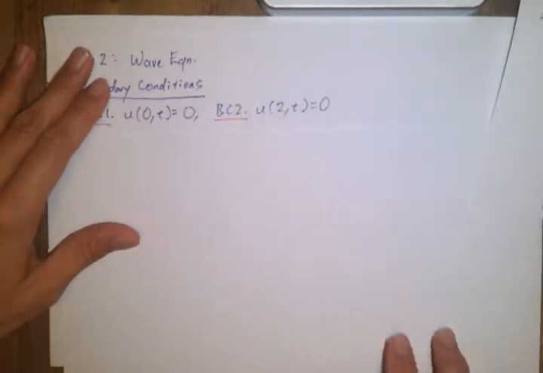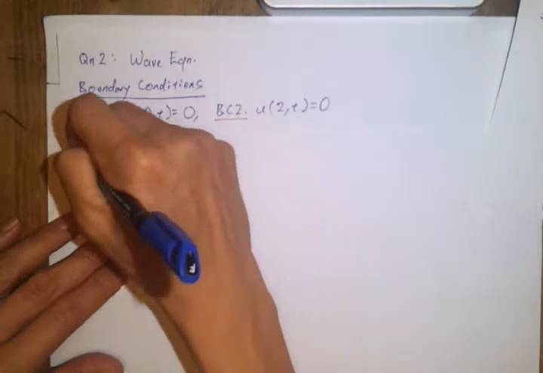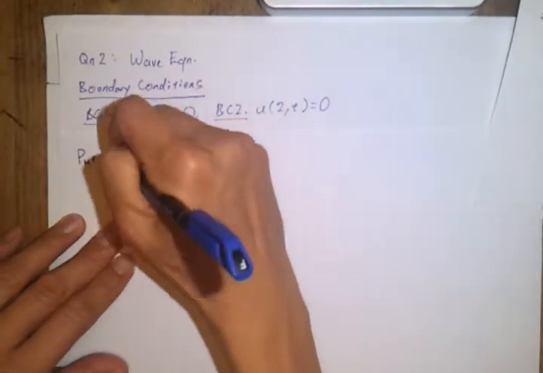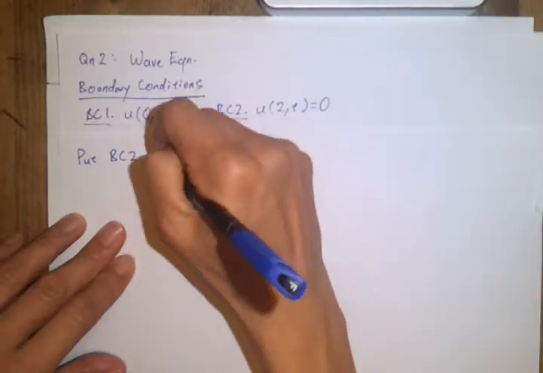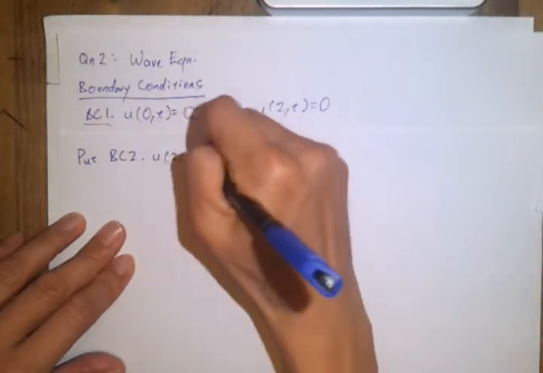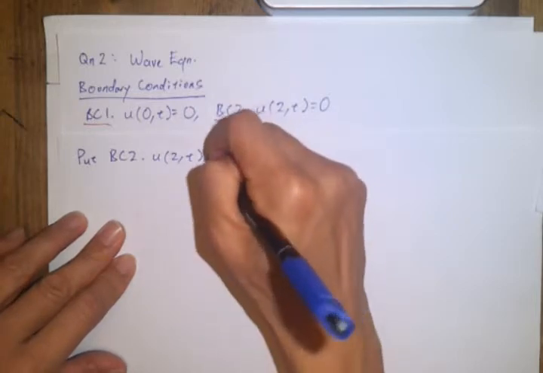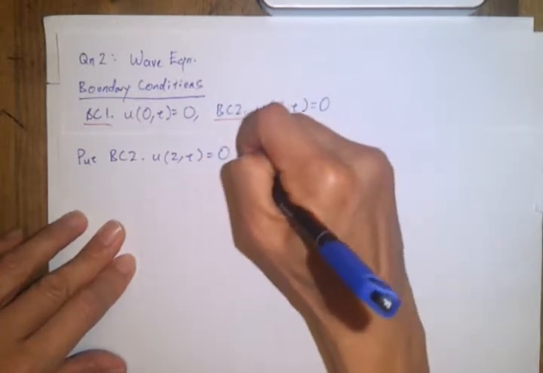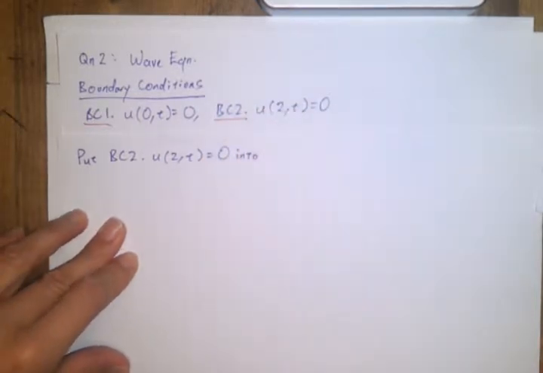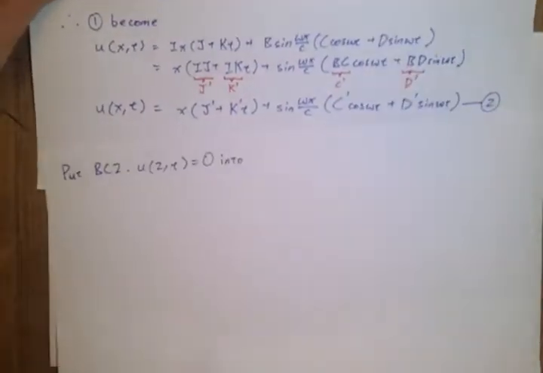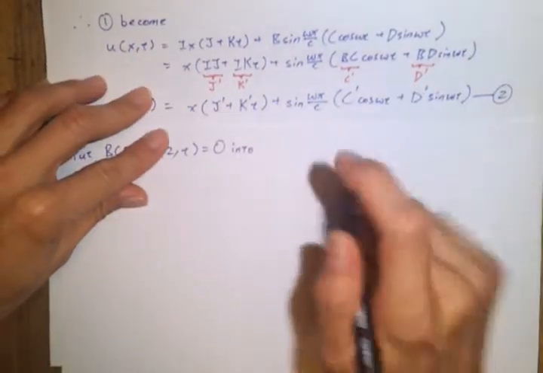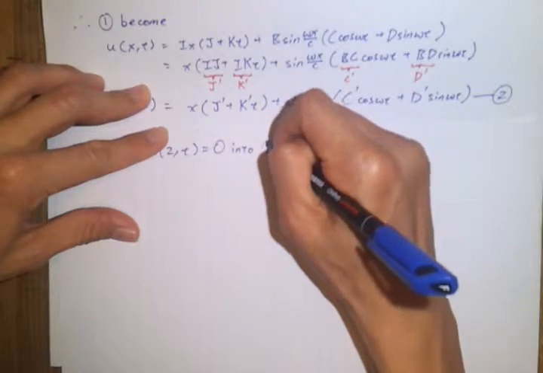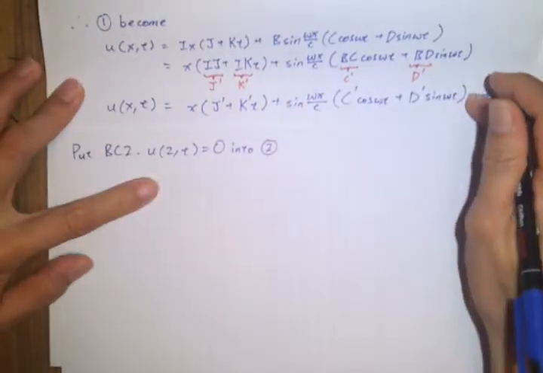So what I'm going to do is put boundary condition 2, which is u at x equals 2 at any time is equal to 0, into my new solution. This one, equation 2. And what does that give me?